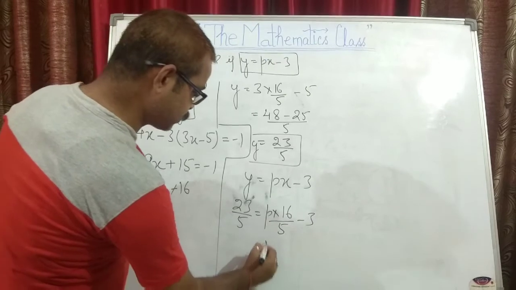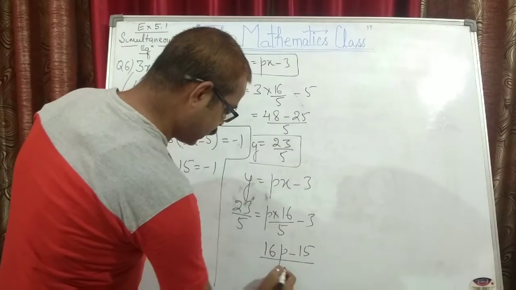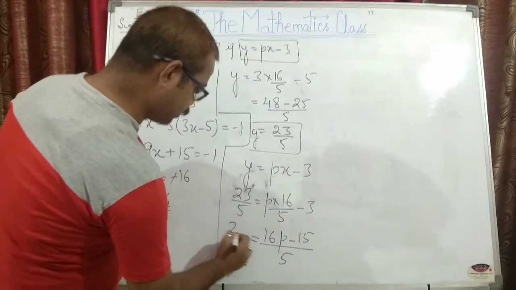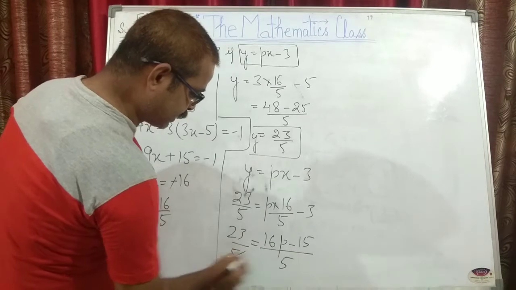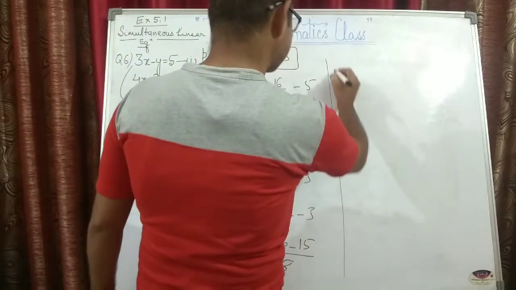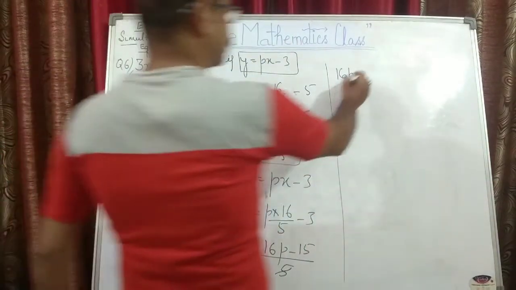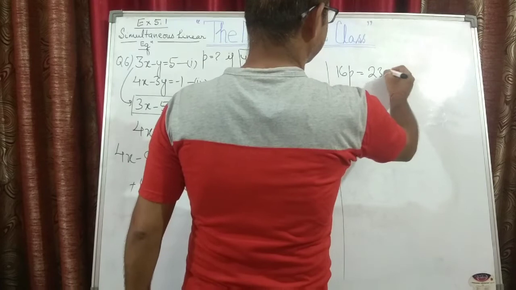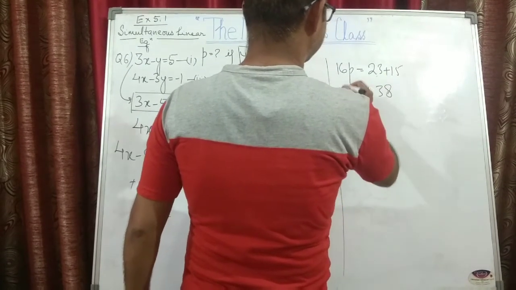When you take the LCM, this will be 16p minus 15 upon 5 is equal to 23 upon 5. Since this goes to numerator, they will cancel each other. So 16p can be written as 16p is equal to 23 plus 15, that is 38.